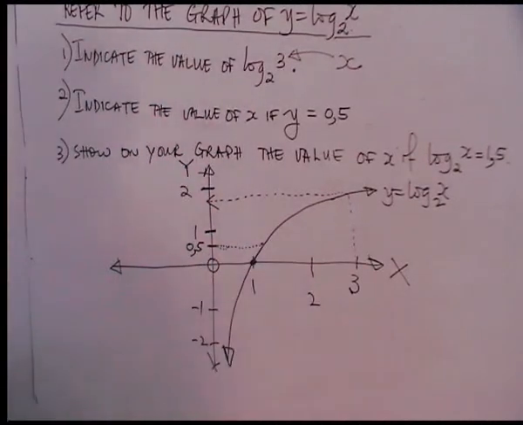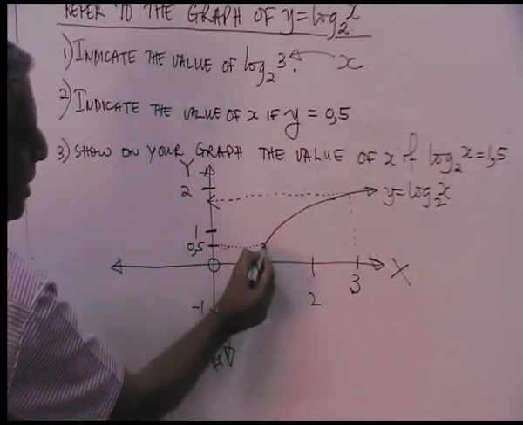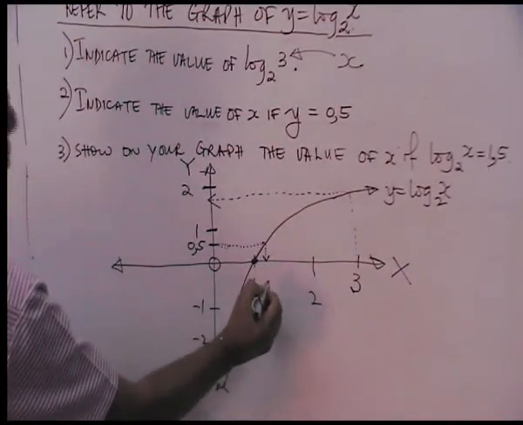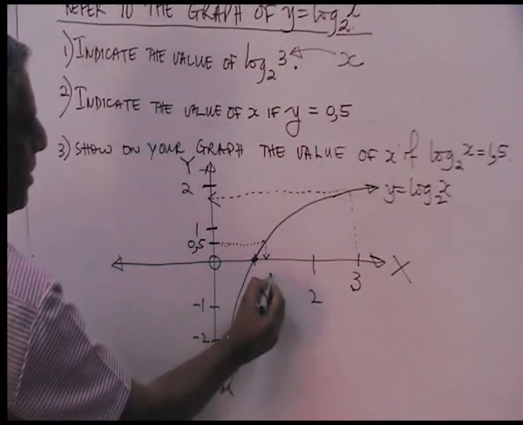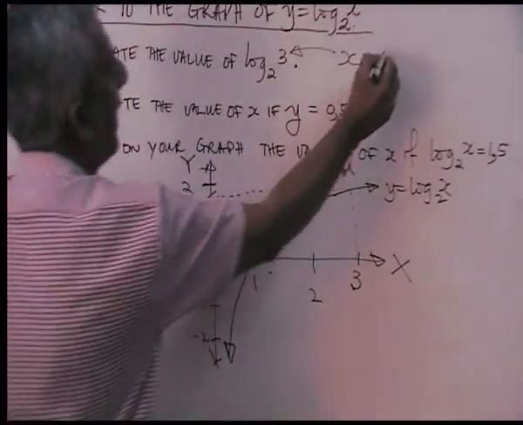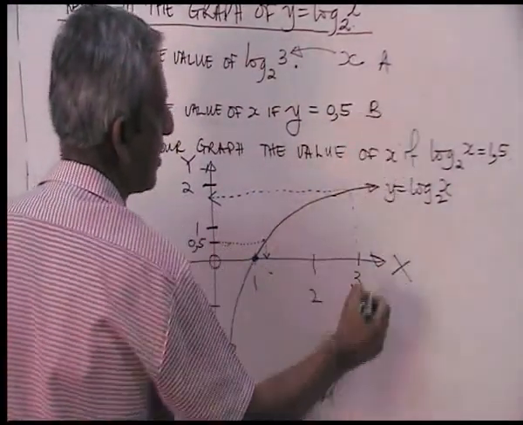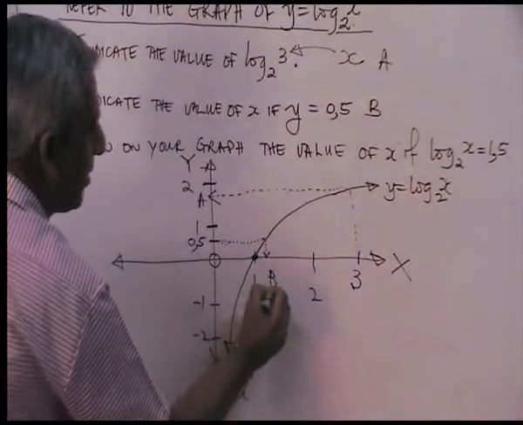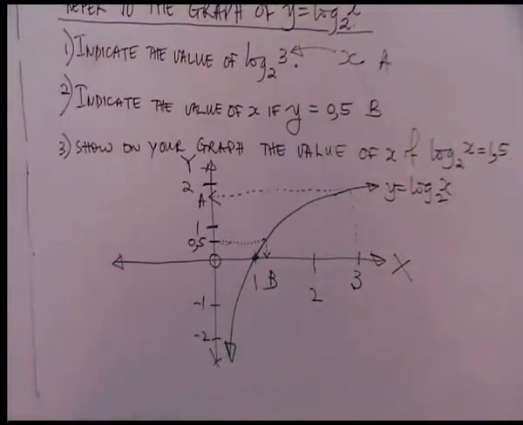I will go to the graph there like that, and then go down towards the x-axis and say, well, that is where the solution is. Let's say we call this A, and this is where we will write down A to indicate where the solution is.